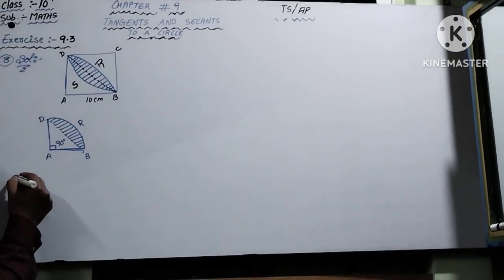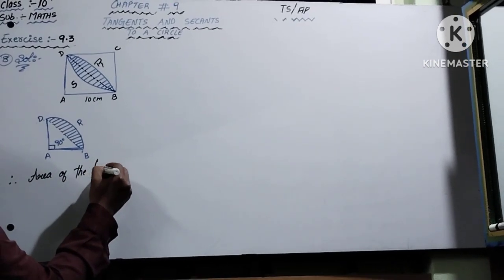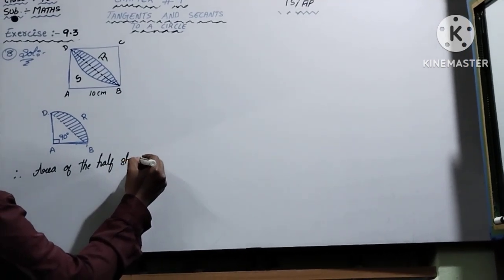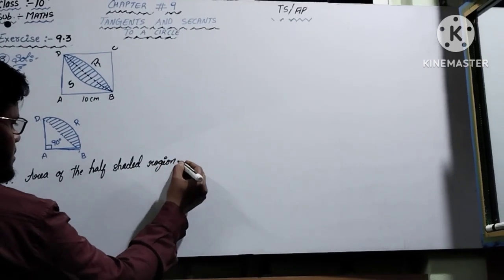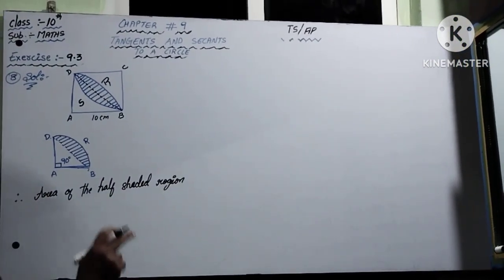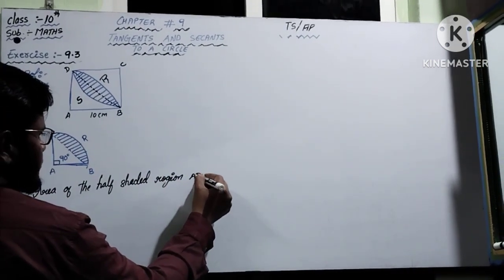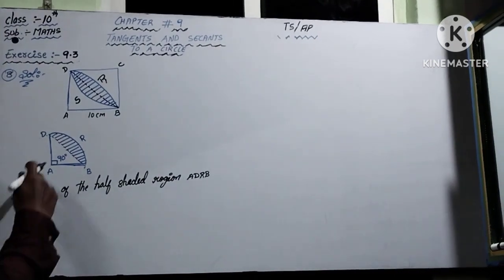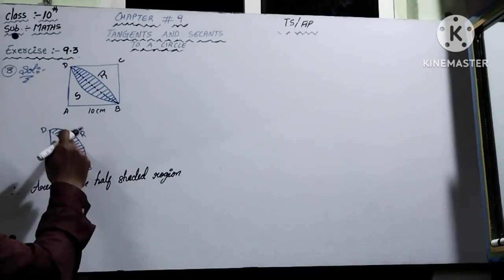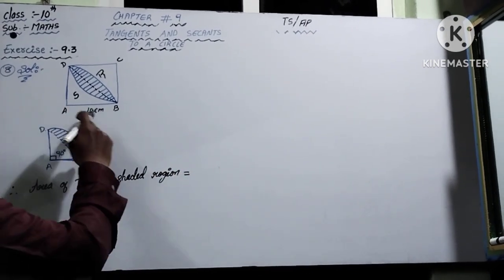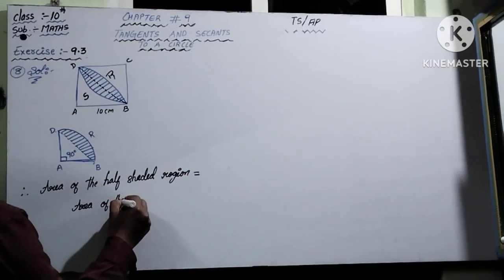Area of the half shaded region A, D, R, B is equal to, first I will use the full sector, area of the sector.